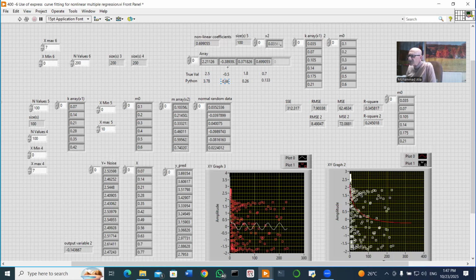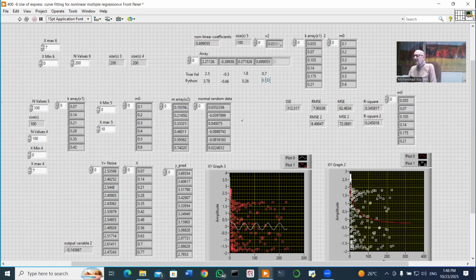Here minus 0.38, here minus 0.5, here 6. Practically, here also we are closer to the real value, to the true value. Here, Python is closer a little bit. And the fourth coefficient practically is the same as we have got here.